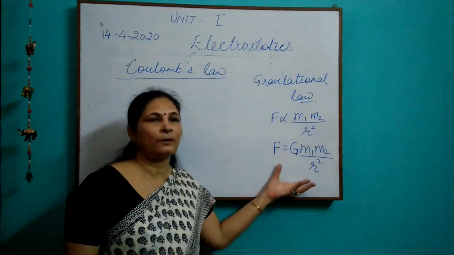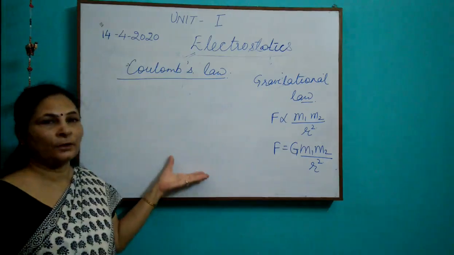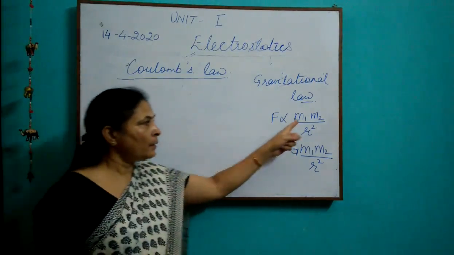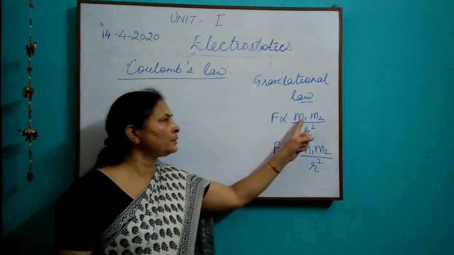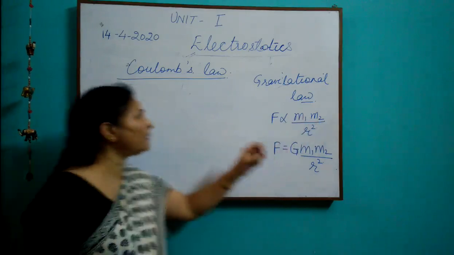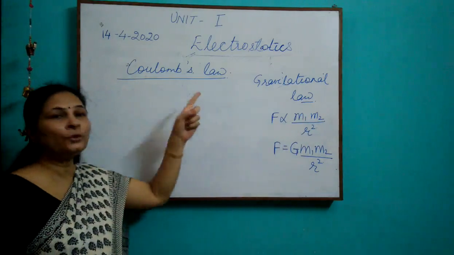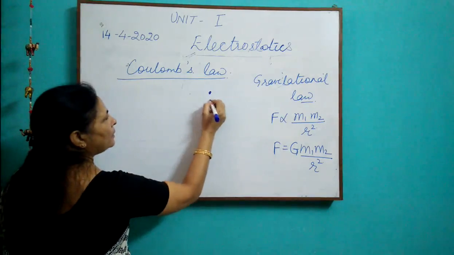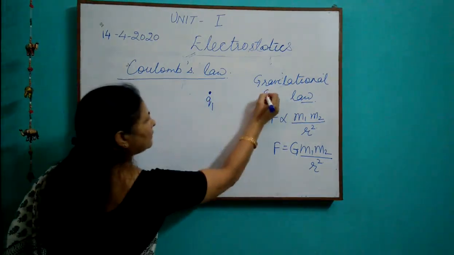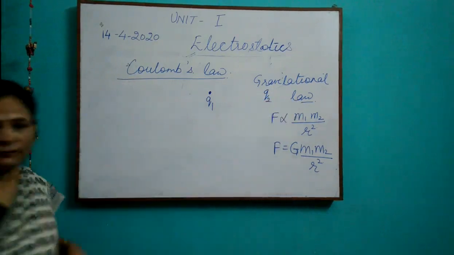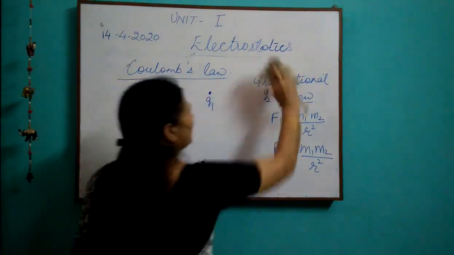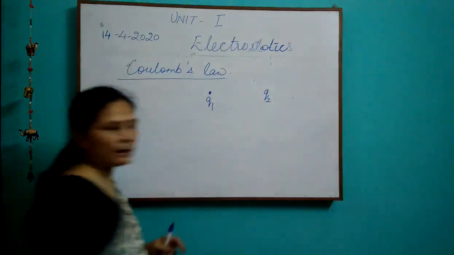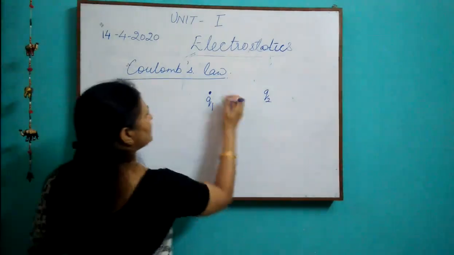In exactly the same manner we'll now define Coulomb's law. This is an analogy and it will be easier for you to remember this way. Here the force was due to the masses of the two objects, but now the force will be due to the charges of the two objects. Suppose there are two charges Q1 and Q2 instead of masses, placed at a distance r apart.